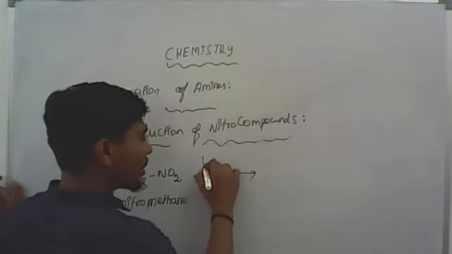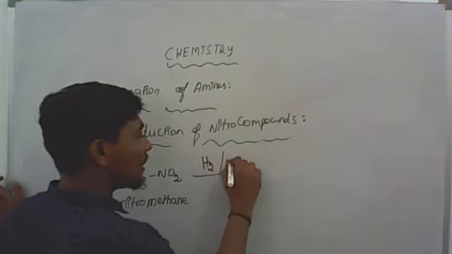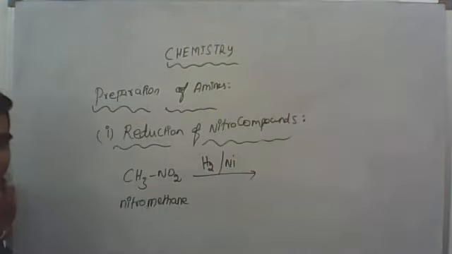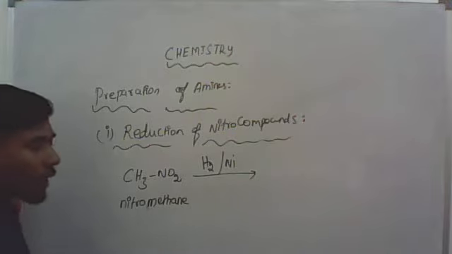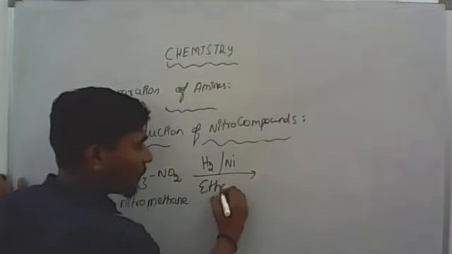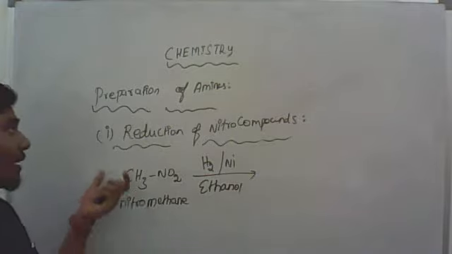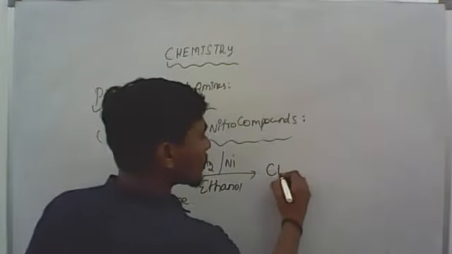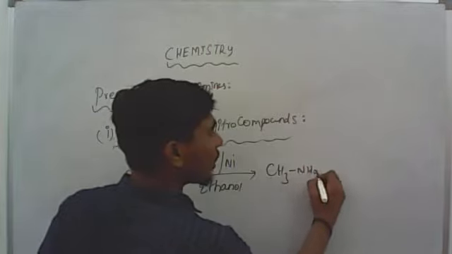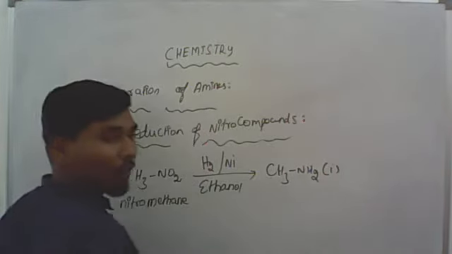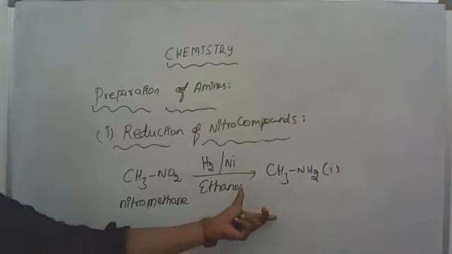When nitromethane undergoes hydrogenation reaction with H2 in the presence of nickel based catalyst or palladium based catalyst or platinum based catalyst, in the presence of ethanol as a solvent, what will happen? The NO2 group is reduced. So CH3 and NH2 is the product, a primary amine.